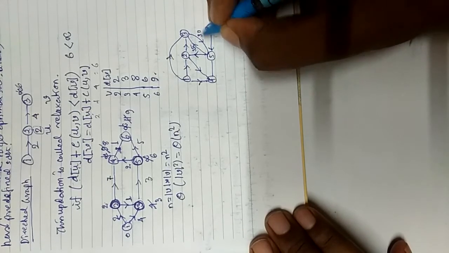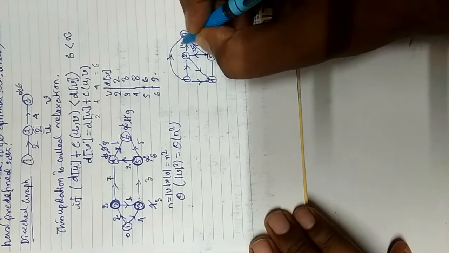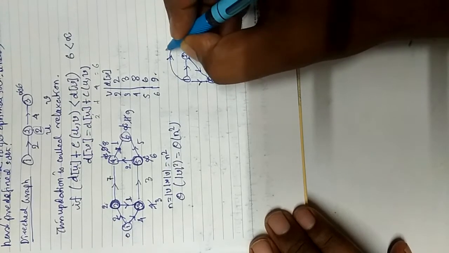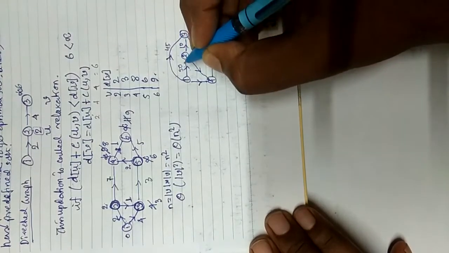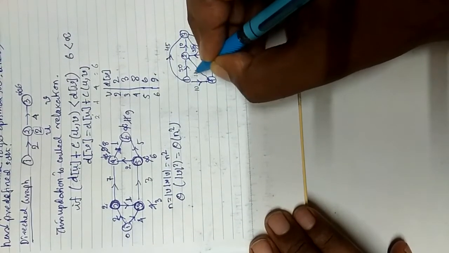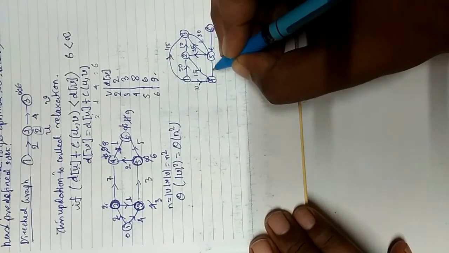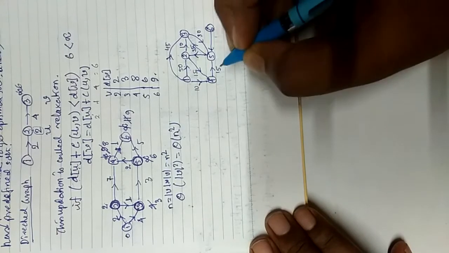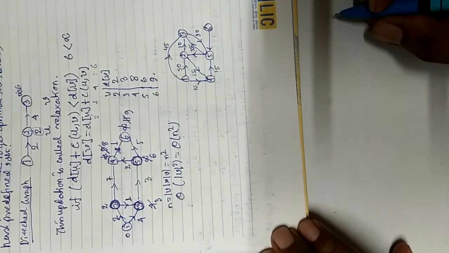From 3 to 5 it is 30, but from 5 to 3 it is 35. Okay, so it is 10, it is 45, this one is 50, this one is 10, this one is 15, and this one is also 15.